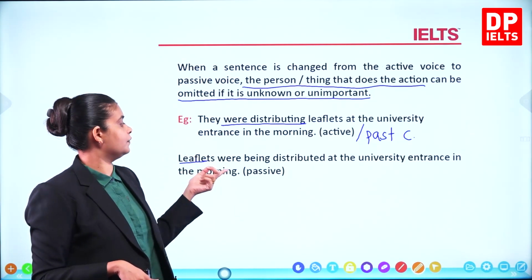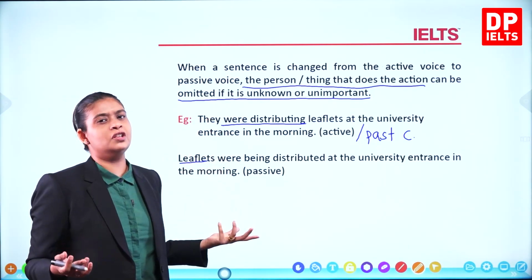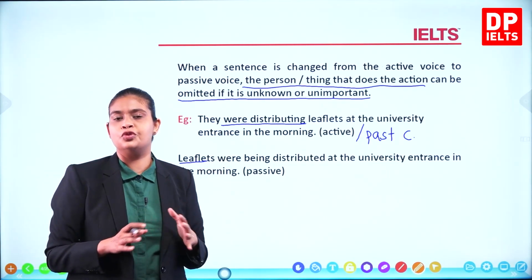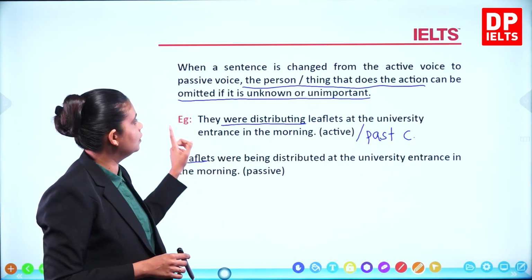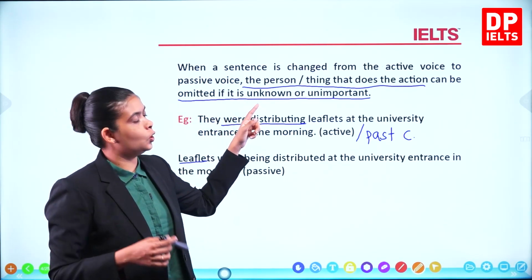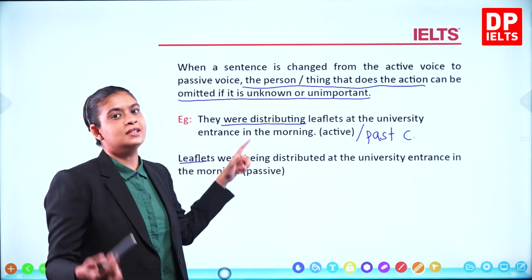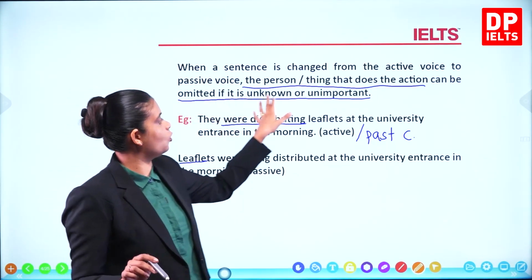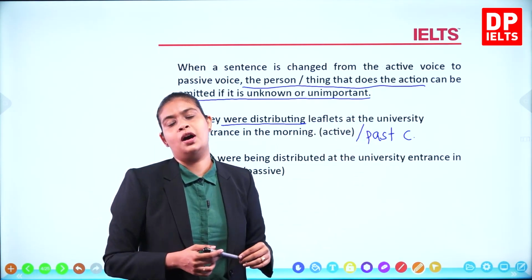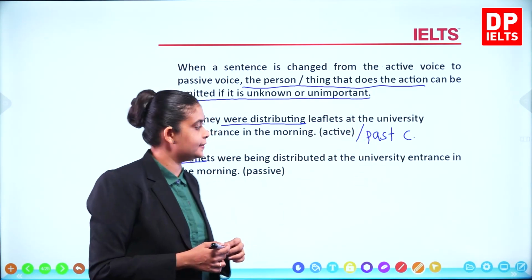Right? You don't have to say by them because we don't really know who it is and it's not important. Right? So, if the person or the thing that does the action is not important, we can then omit it if it is unknown or unimportant. Alright?